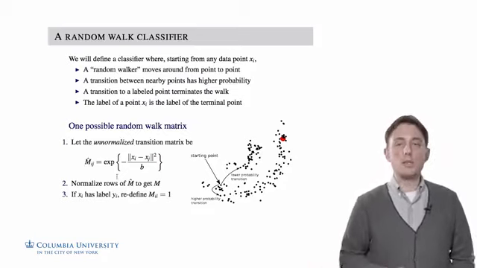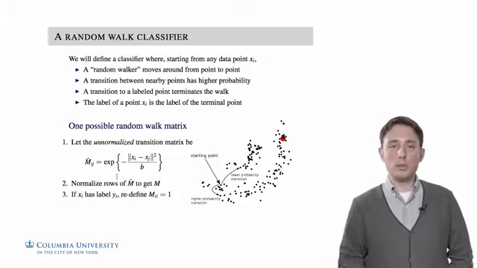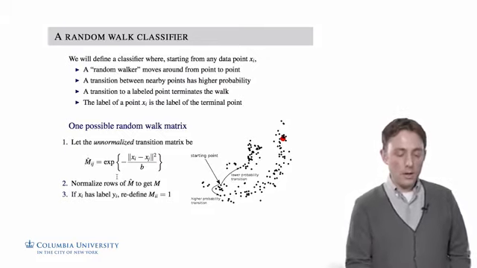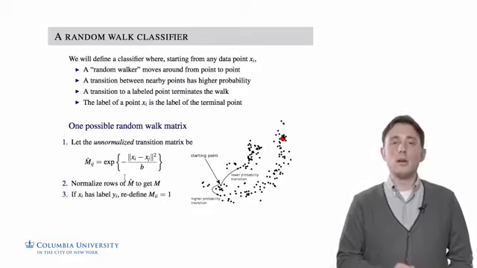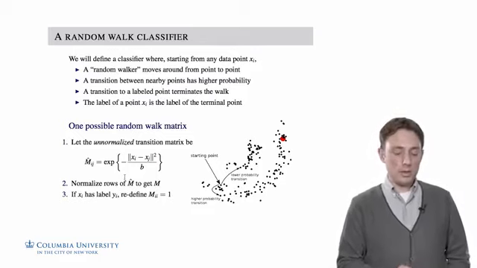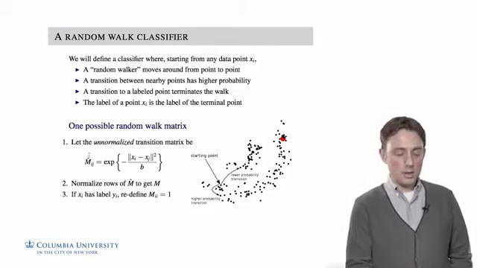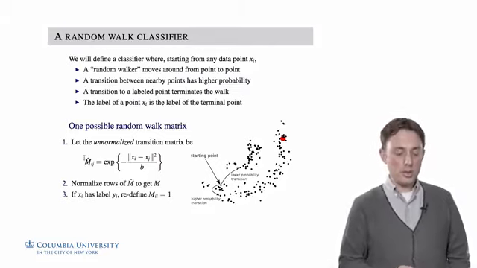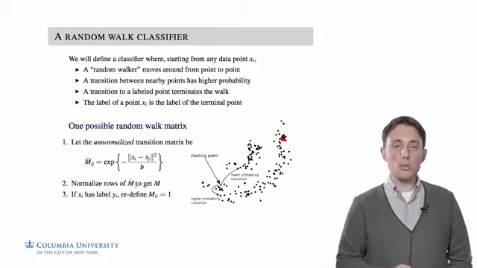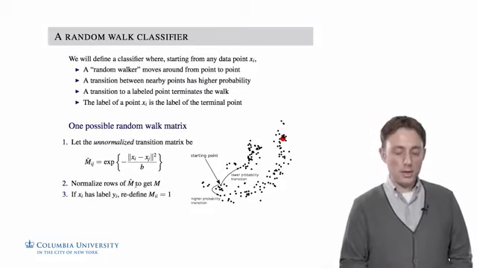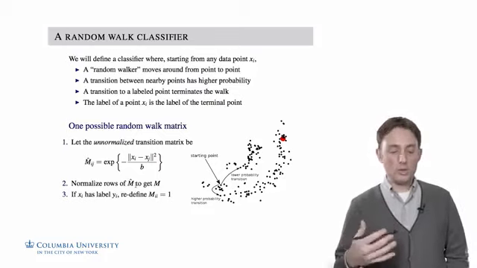So we construct the Gaussian kernel between all the data points. It's an n by n kernel. We then normalize each row of that kernel matrix so that we have a probability transition matrix. So we have the Gaussian kernel between all the points. We normalize the rows of that kernel matrix so that we can now have a Markov transition matrix.